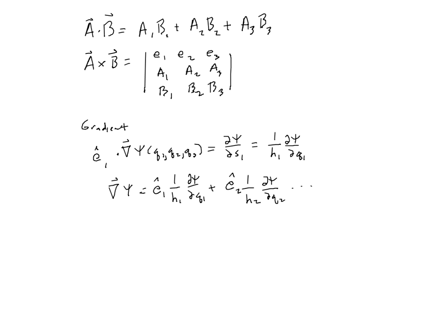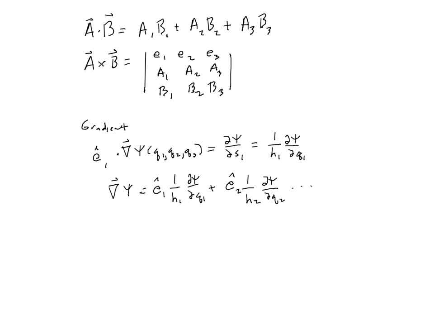So when you calculate your gradient, you're dividing by the h term. That's why in Cartesian coordinates, when you're calculating your gradients, it's just taking a straight derivative with respect to x, y, or z, right?